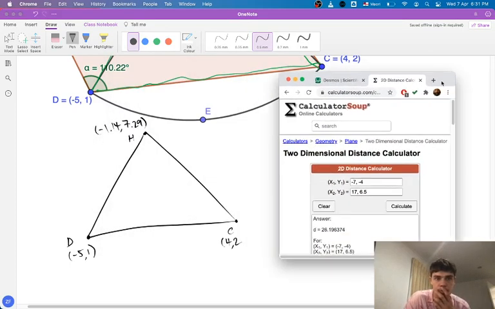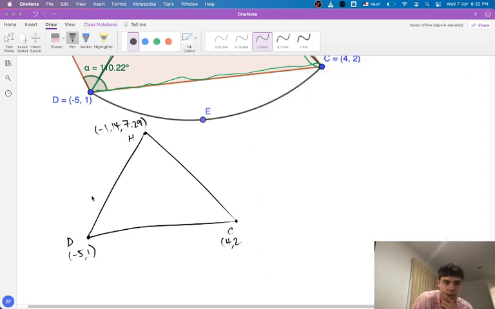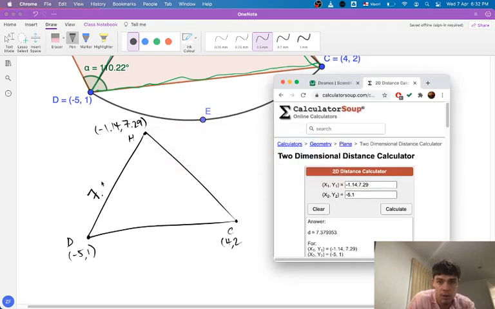So let's get these distances using some cheap methods. We've got -1.14 and 7.29, and down here we've got -5 and 1. Calculate that. So that's got a distance of 7.380.